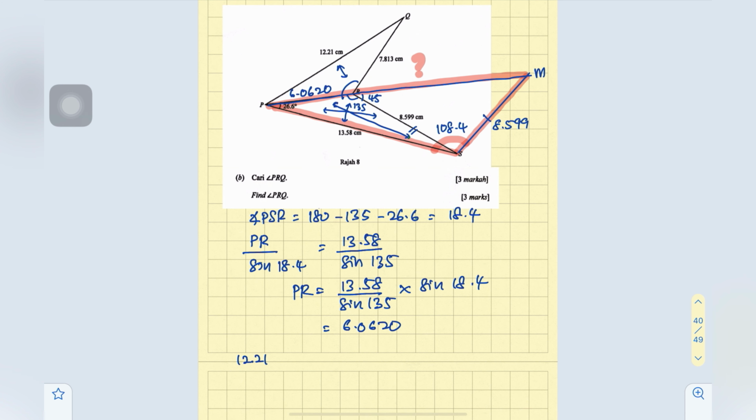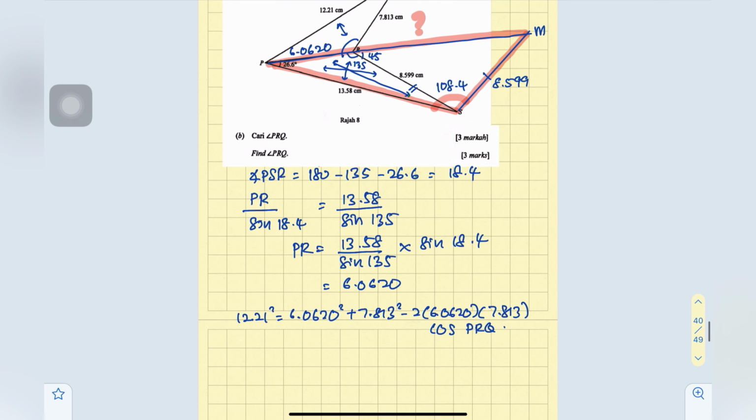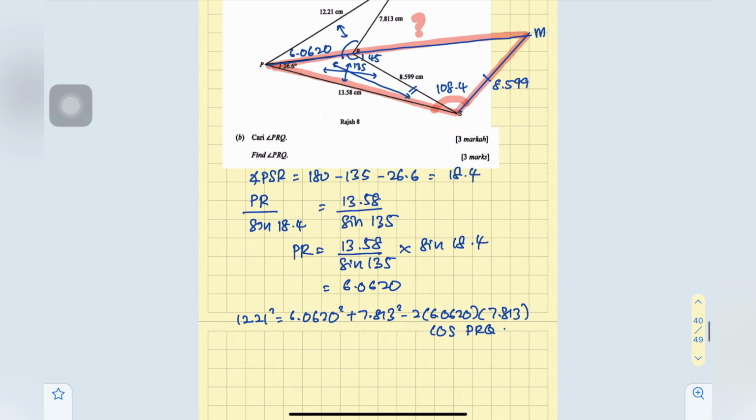So 12.21 squared sama dengan 6.0620 squared plus 7.813 squared minus 2 times 6.0620 times 7.813 times cos, tak tahu cos PRQ. Okay, so kita jadikan cos PRQ as subject.